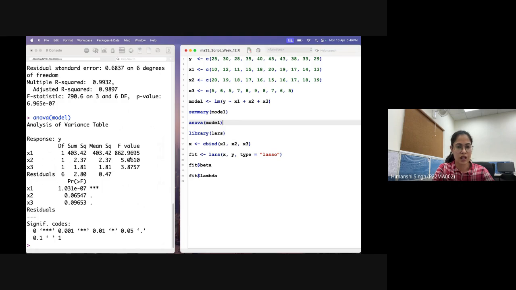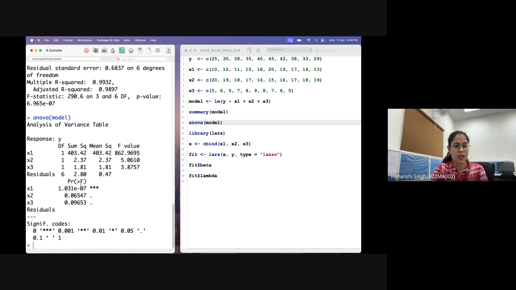So for the F statistic, we calculate the mean square due to regression and divide it by the mean square due to residuals, 0.47, and we get the F value.